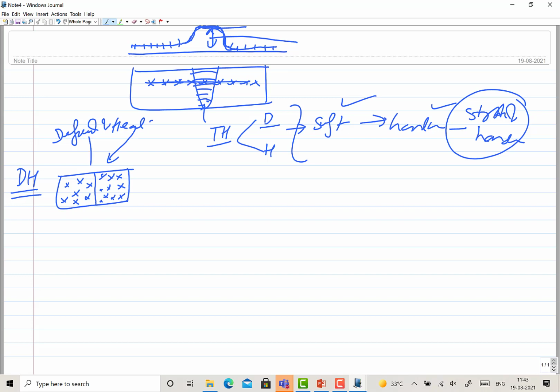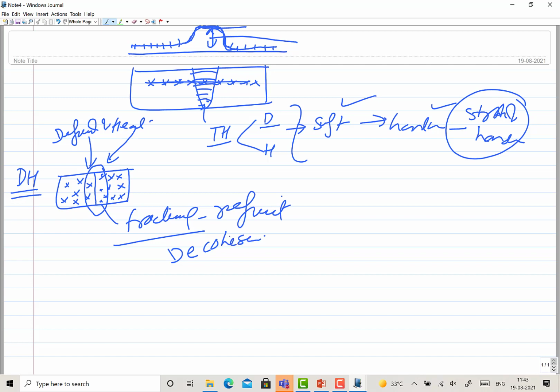On the other hand, if the deformation is severe in this vicinity, then it can cause the fracturing of the reinforcing agent, and fracturing will be leading to the refinement. That's one. The second possibility is that there is a possibility of decohesion between the particles and the matrix.